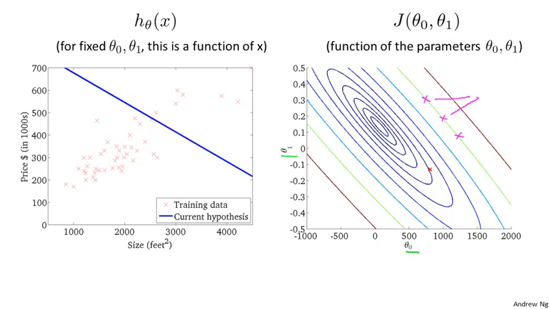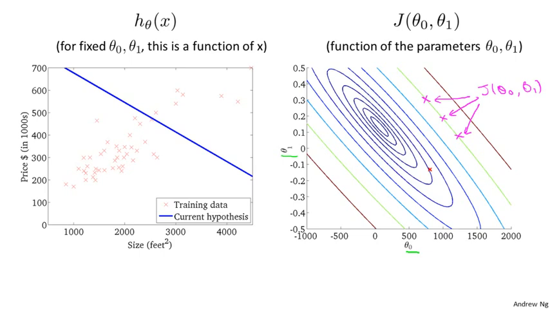All three of these points that I just drew in magenta have the same value for J of theta 0, theta 1. This is a theta 0, theta 1 axis, but those three have the same value for J of theta 0, theta 1. And if you haven't seen contour plots much before, imagine a bow-shaped function that's coming out of my screen, so that the bottom of the bow is the point right there, the middle of these concentric ellipses.